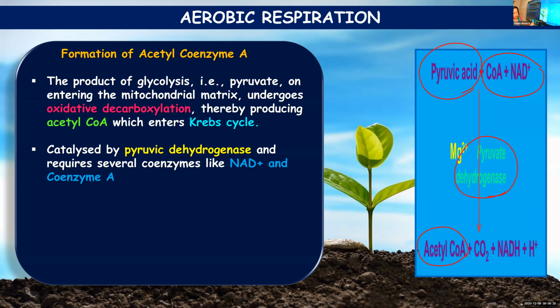The carbon dioxide molecule gets removed from pyruvic acid, and for the reaction to take place, coenzymes NAD plus and coenzyme A are needed, and the enzyme which catalyzes the reaction is pyruvate dehydrogenase. As a result of this reaction, we get acetyl coenzyme A. Pyruvic acid has got converted to acetyl coenzyme A, carbon dioxide, and NADH plus H plus.